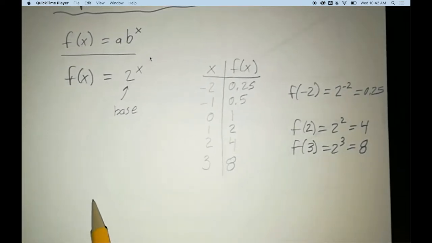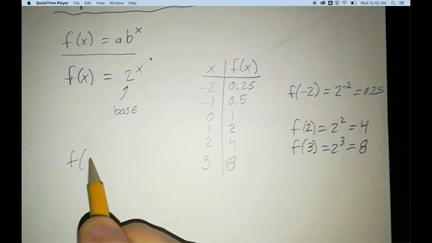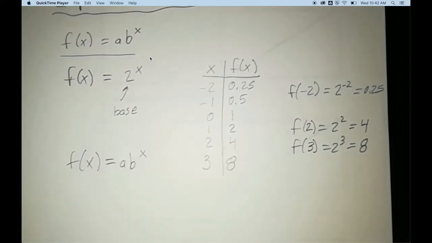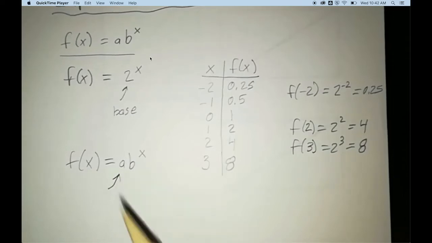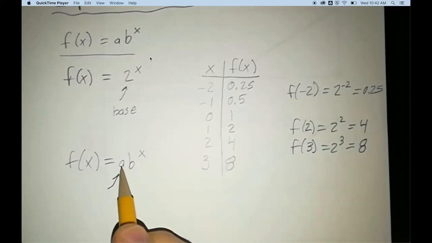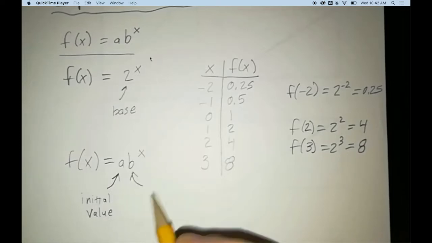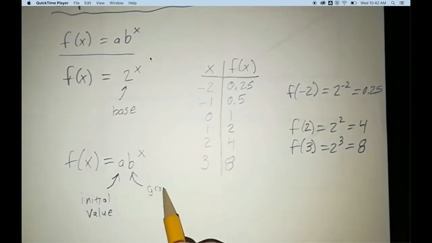Now, back to this here. What we usually refer to as A, we call the initial value, or perhaps a starting value, and then B we could call the growth rate.